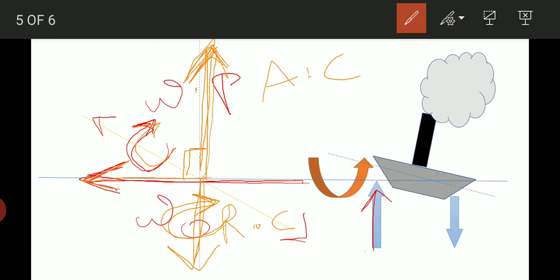I will show it. Somewhat like this, which will act on the ship. Due to this gyroscopic effect, the ship will take a right turn.